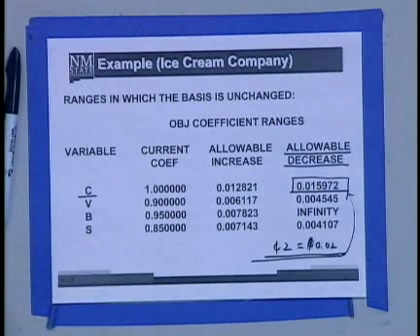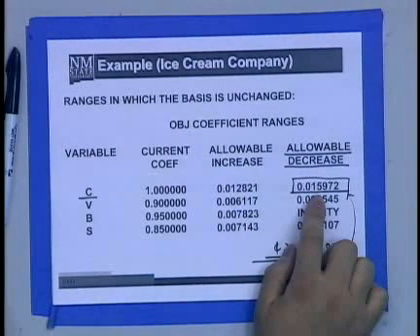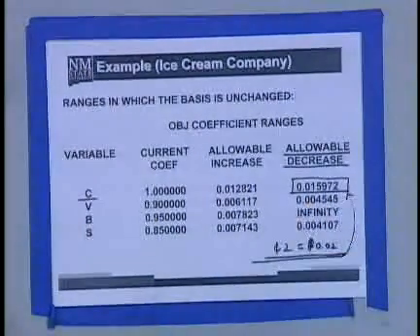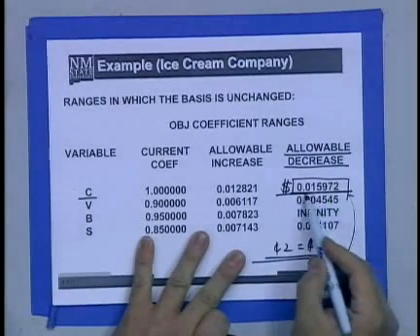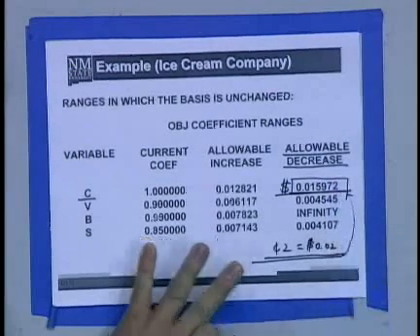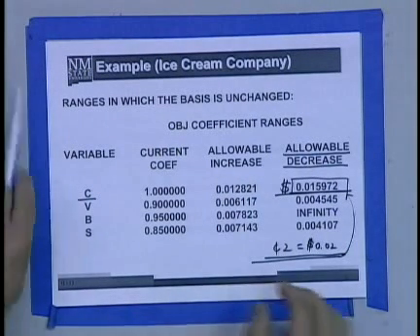So the answer is this. So we are decreasing the profit. Right? So the answer is $0.015972. Question 7 is not related to what we are doing. Oh, I see. Yeah, that's fine. Okay? Thank you.